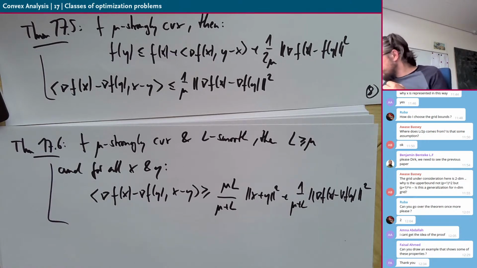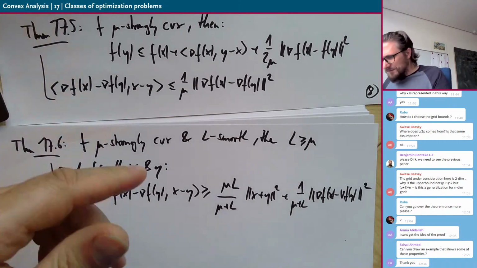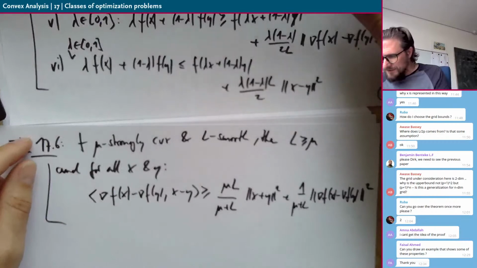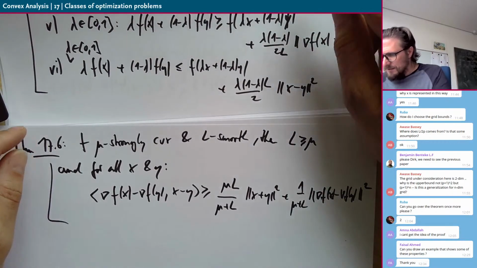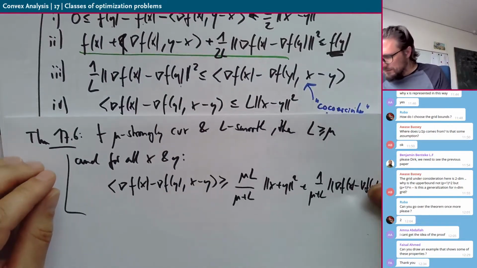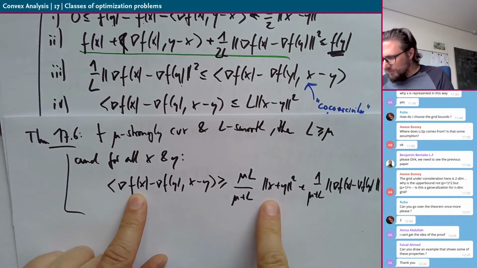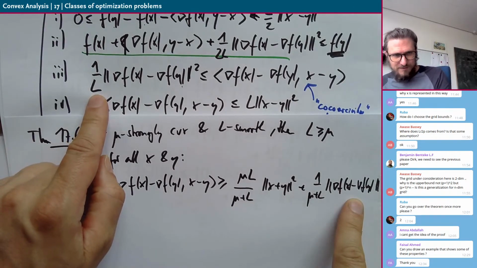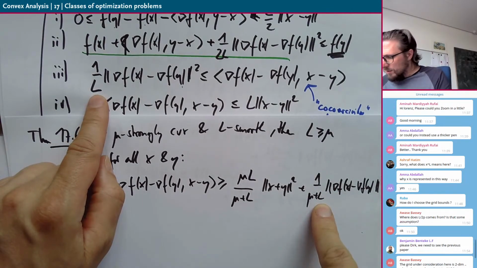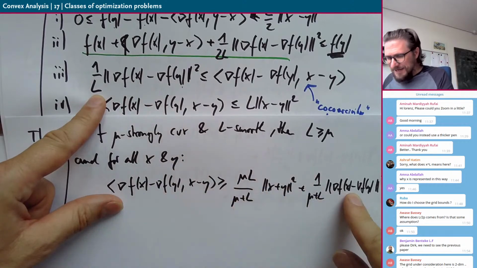So this really is a combination of something related to 17.4 and 17.3. In 17.3 we had this lower bound, the co-coercivity, where this inner product, the same as here, is bounded from below only by a term like that, 1 over L. So you only have this term here, but you can get an additional term.